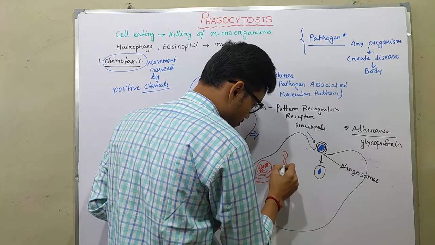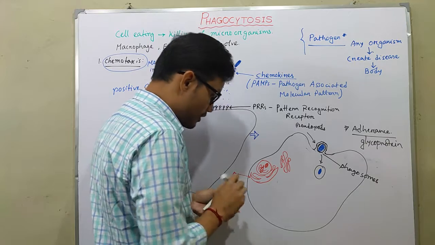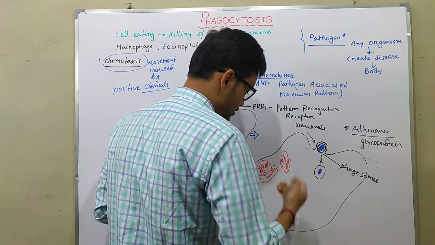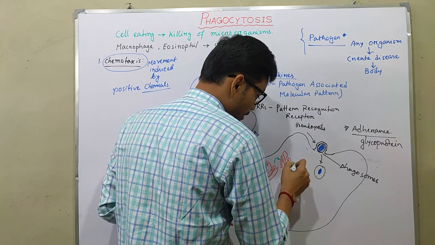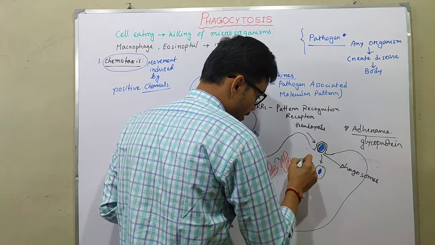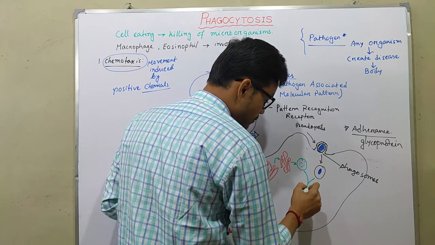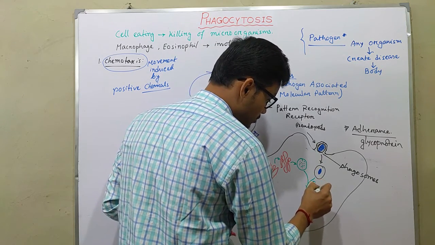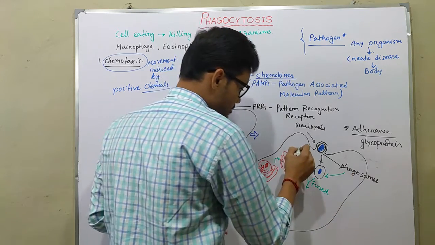From the ER to the Golgi bodies, and from the Golgi bodies lysosomes are produced, and those lysosomes are now fused with those particular phagosomes. So this is also a phagosome and this is a lysosome.